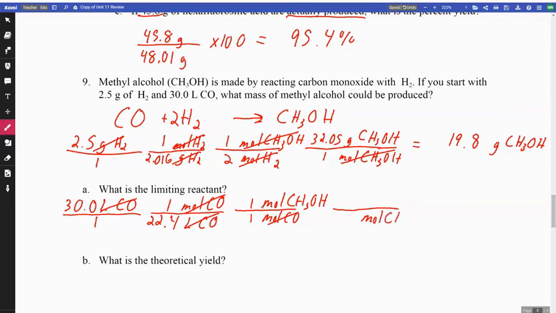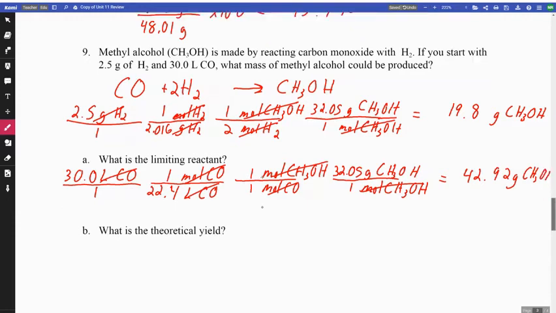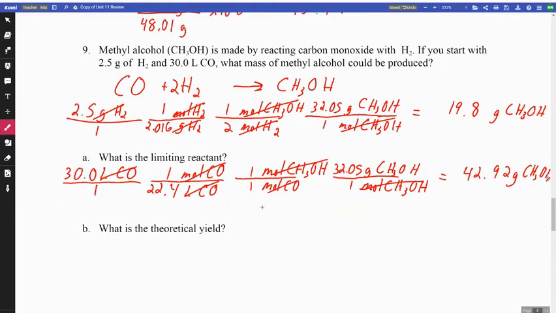So moles CH3OH, grams CH3OH. 1 next to moles, molar mass next to grams. Moles cancel out. We're left with grams. That is where we want to be. And now that's where we get our 42.92 grams of CH3OH. That's a really bad H, but you guys get the picture.